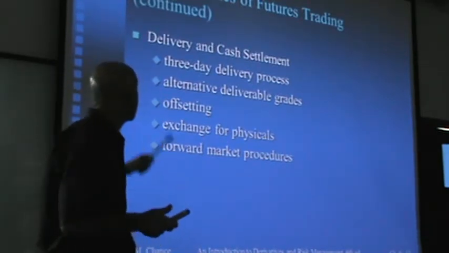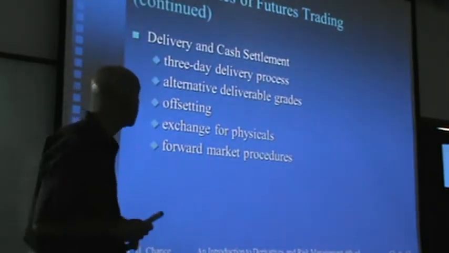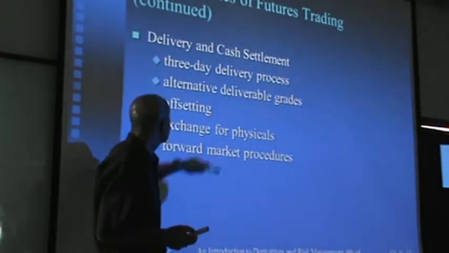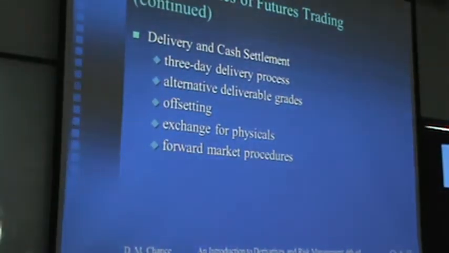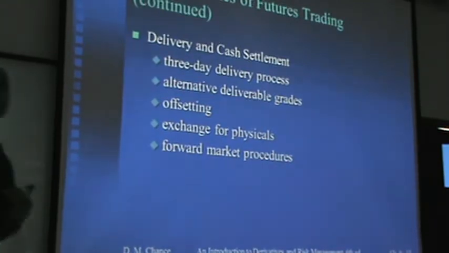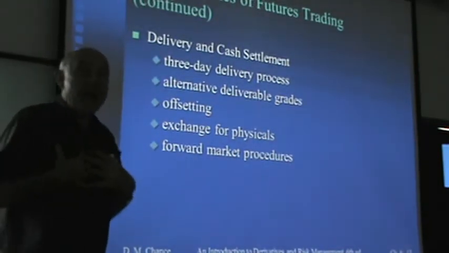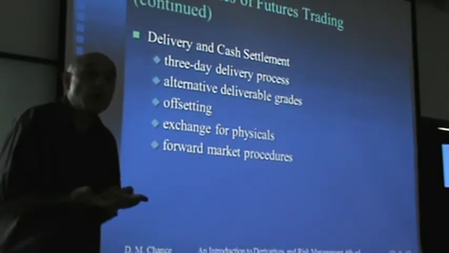Alright, so usually in futures markets, for most of them, especially if it's not cash settled, you got a 3-day delivery process. In a 3-day delivery process, one day is called the position day. This is the day where you actually have the position open. If you're long, if you're short.